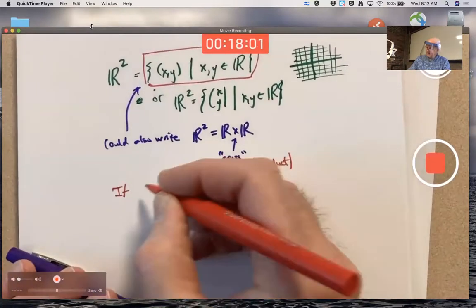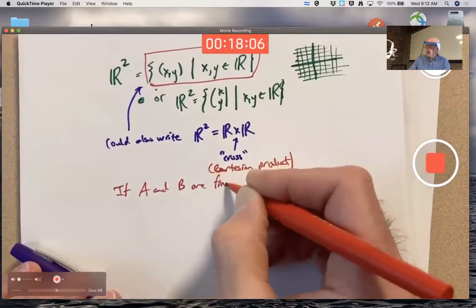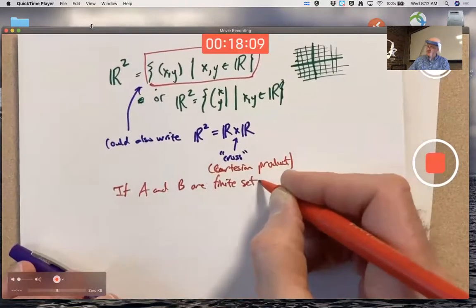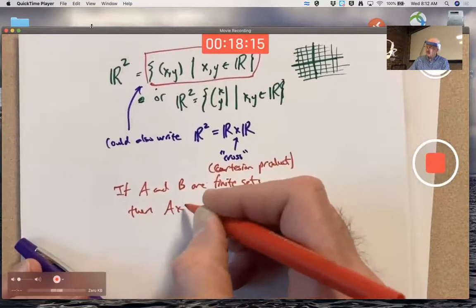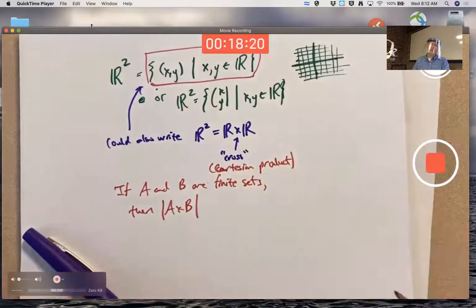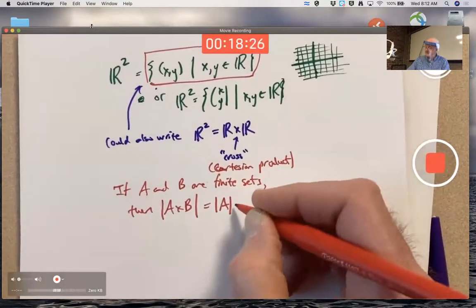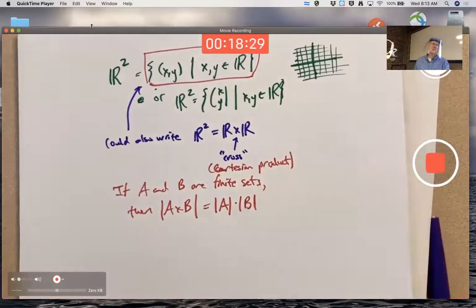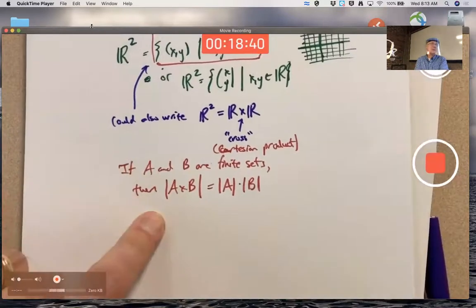If A and B are finite sets, I'm not talking groups here, I'm just talking sets, then for A cross B, the number of elements, its cardinality, its order, if you want to use the word order, is the cardinality of A, the number of elements in A, times the cardinality of B. Nothing about group theory there, though it does apply to groups.